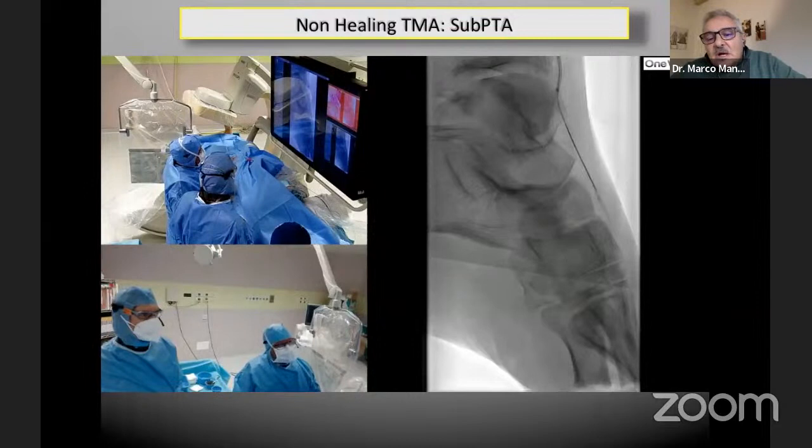So now the problem is to find the entry, and we do it with the 1/4 wire, using the tip of the 1/4 wire.